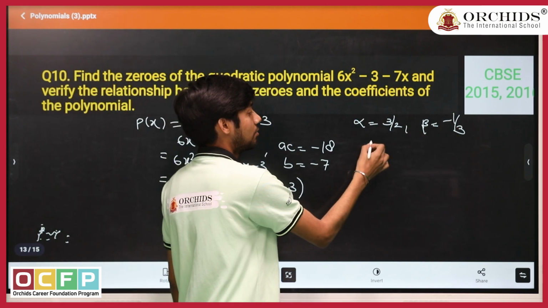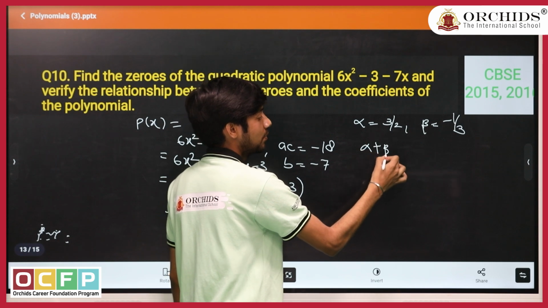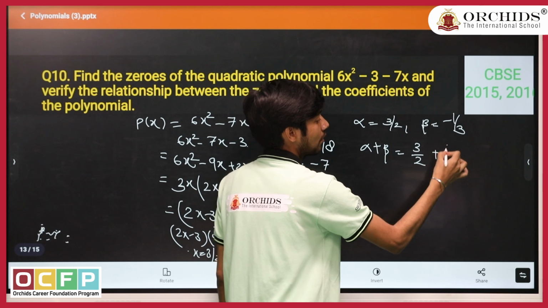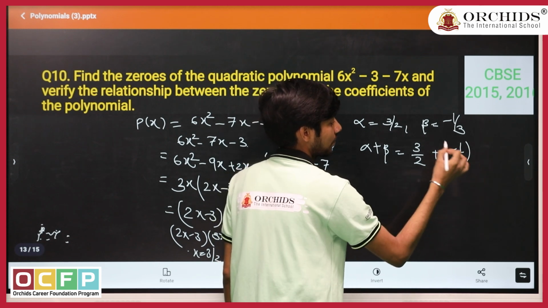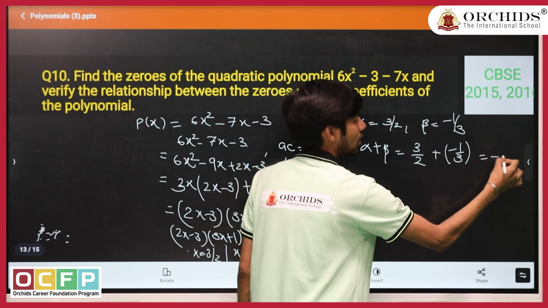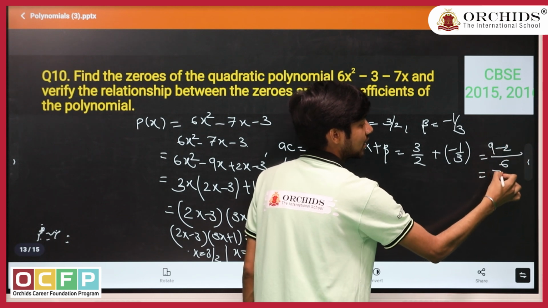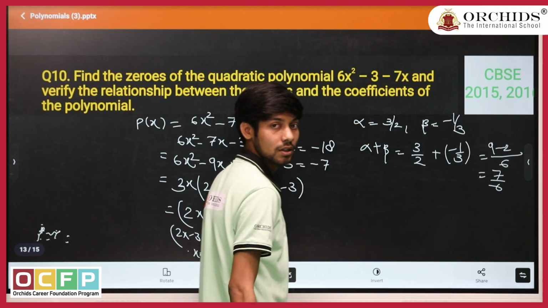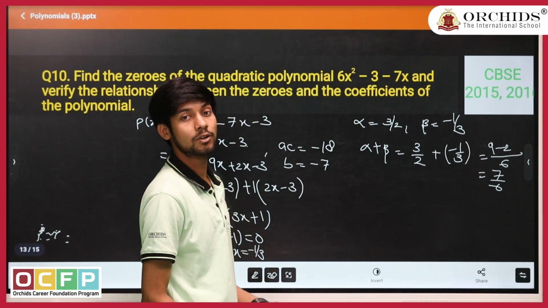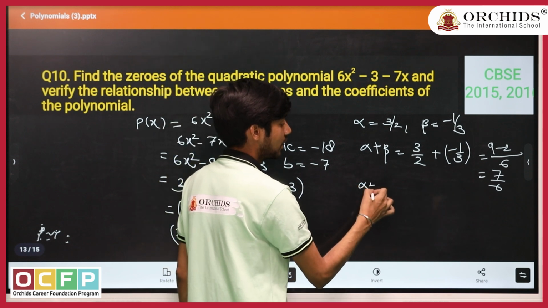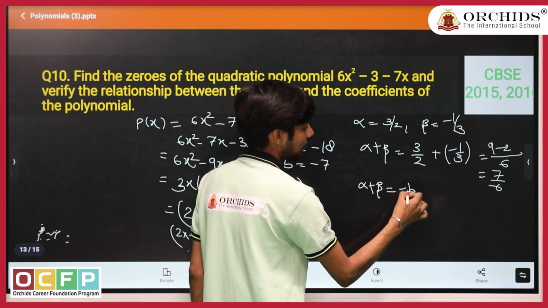Try to find out alpha plus beta. So alpha plus beta is equal to 3 by 2 plus minus 1 by 3. What are we getting after solving? 9 minus 2 over 6. We are getting 7 by 6. And we know that sum of zeros is equal to minus b by a, that is alpha plus beta equal to minus b by a.